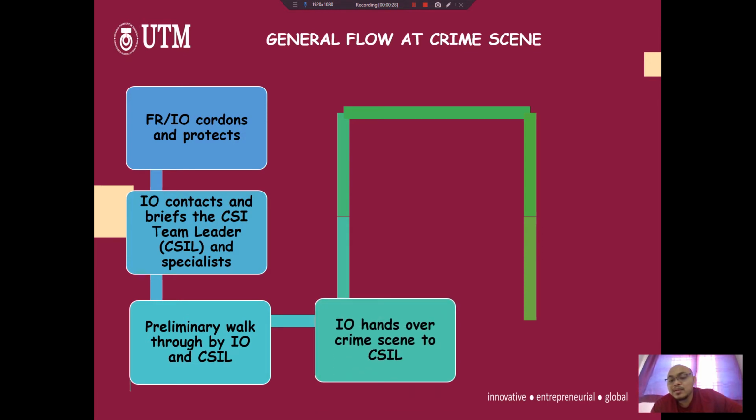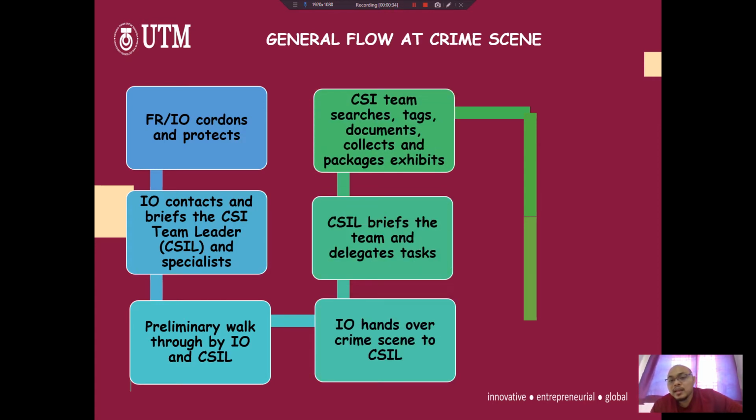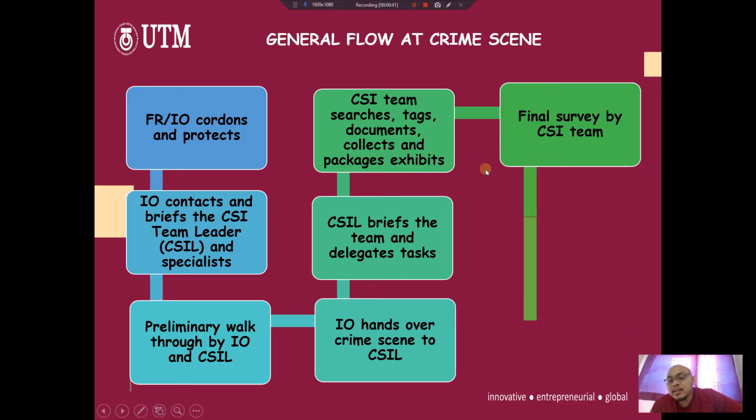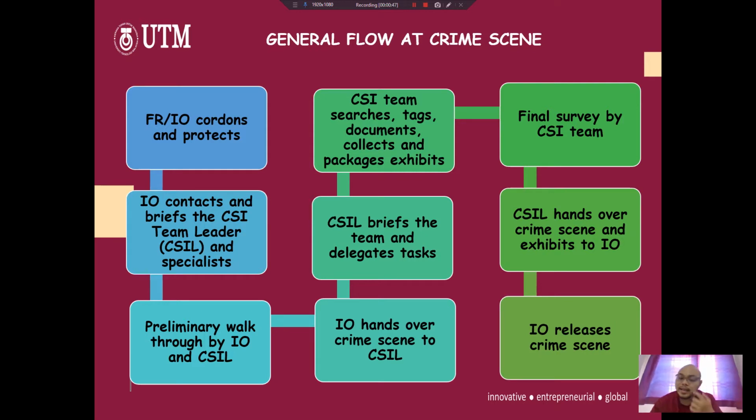The IO hands over the crime scene to the CSI Team Leader. The CSI Team Leader briefs the team and delegates the tasks. And then the CSI team searches, tags, documents, collects and packages the exhibits. Final survey by the CSI team. CSI hands over the crime scene and exhibits to the IO. The IO releases the crime scene.